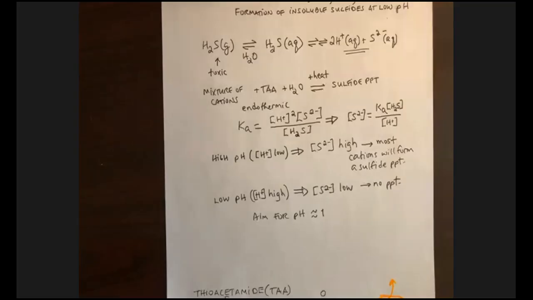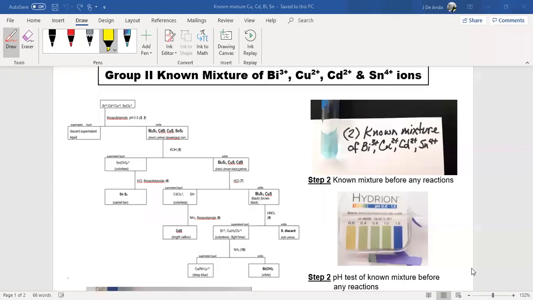We're going to have a document you're going to be able to download that has the results at each step of the way. So like it shows here, you're going to be starting with this mixture of knowns.